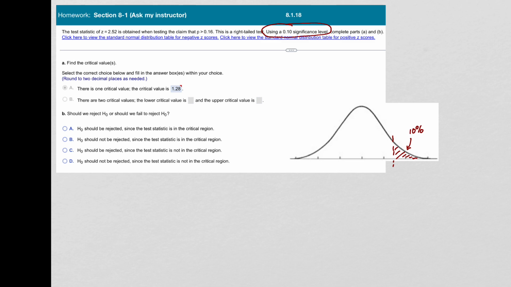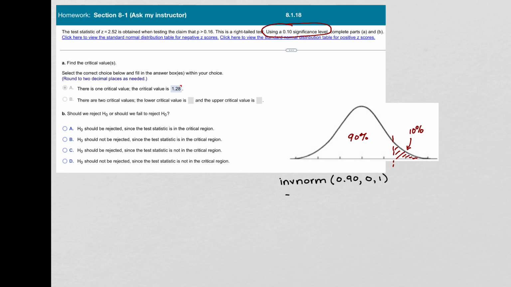So if there's 10% in the right-hand tail, that means that there is 90% on the left. And so I'm going to use the inverse norm function in the calculator. We put the percentage on the left, and then the mean and standard deviation are 0 and 1.